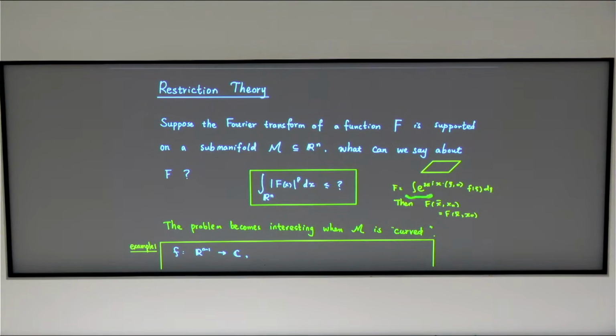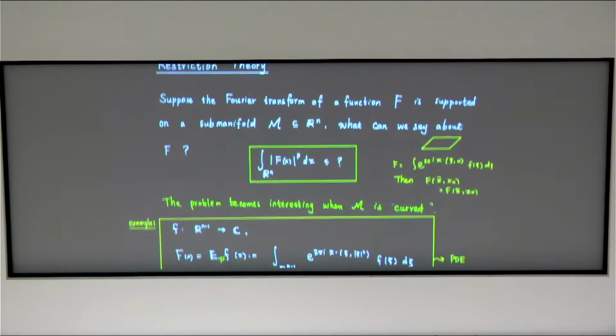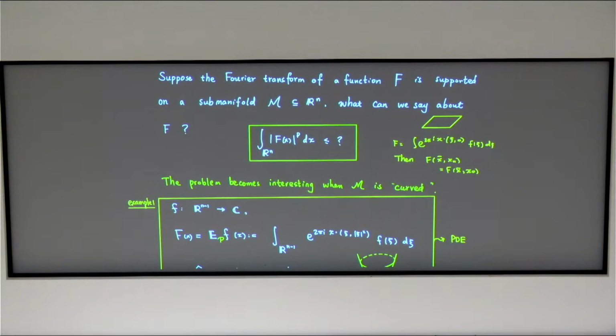Then we can see that f is invariant in the last coordinate. So if f is supported on the hyperplane, the flat M, then we can see from this example that the L^p norm of f is unbounded because it's invariant on the last coordinate. So then the problem becomes more interesting when M is curved.